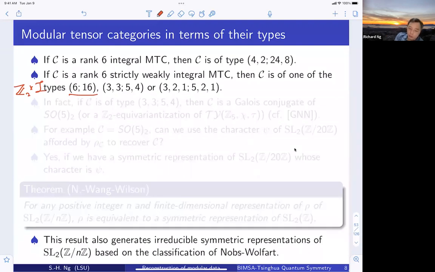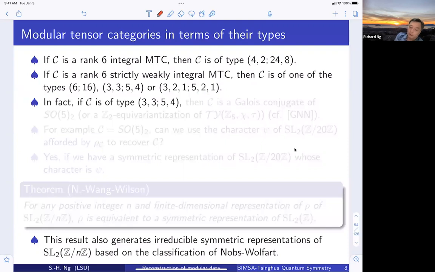What about these two? Well, they are more obscure. In fact, they are weakly integral in the usual sense, but they are also hard to determine in terms of presentation. But you can still determine them.